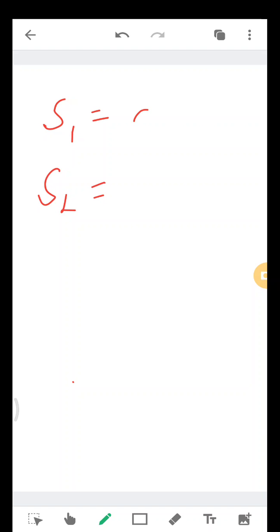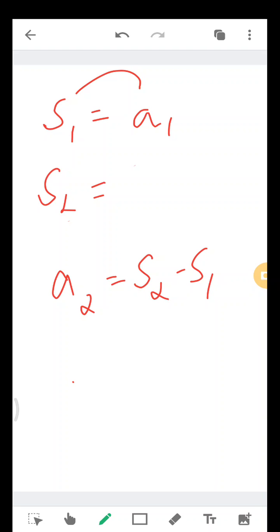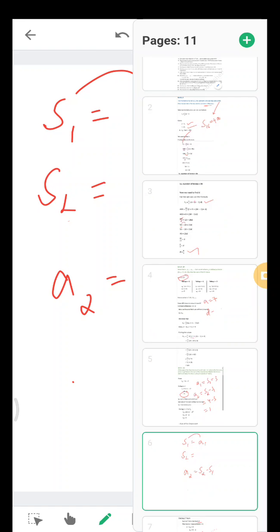So s1 will be a1, that is the sum of one term. a2 will be s2 minus s1, remember it, sum of two terms minus one term. So this one point you should remember when you are doing questions of sum.